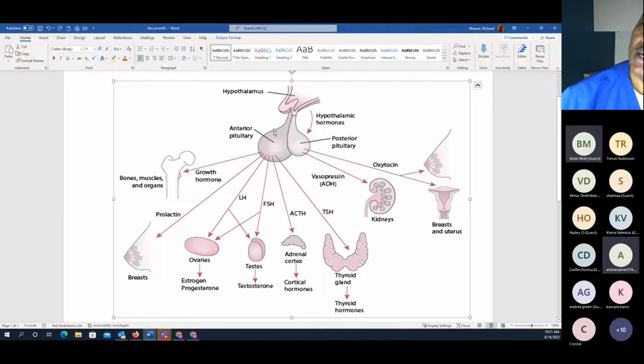So of course this is the hypothalamus, and of course the pituitary gland, right? And the pituitary gland is under the influence of the hypothalamus, and so all that works together, right?